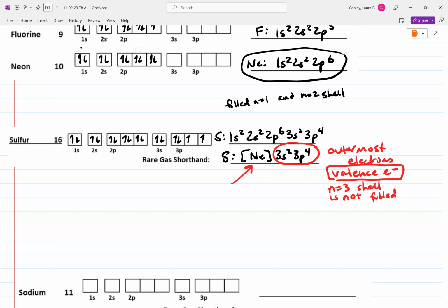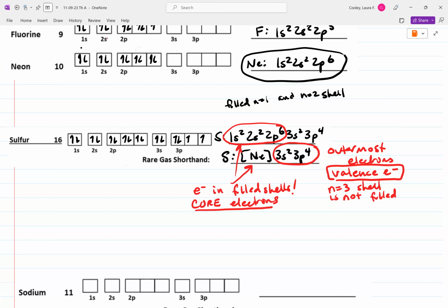The electrons here, which is equivalent to this, are the electrons in filled shells. We call these the core electrons. And these are the electrons that do most of the shielding of the valence electrons because they're in closer shells. So they're in between the valence electrons and the nucleus. We'll be using that later.